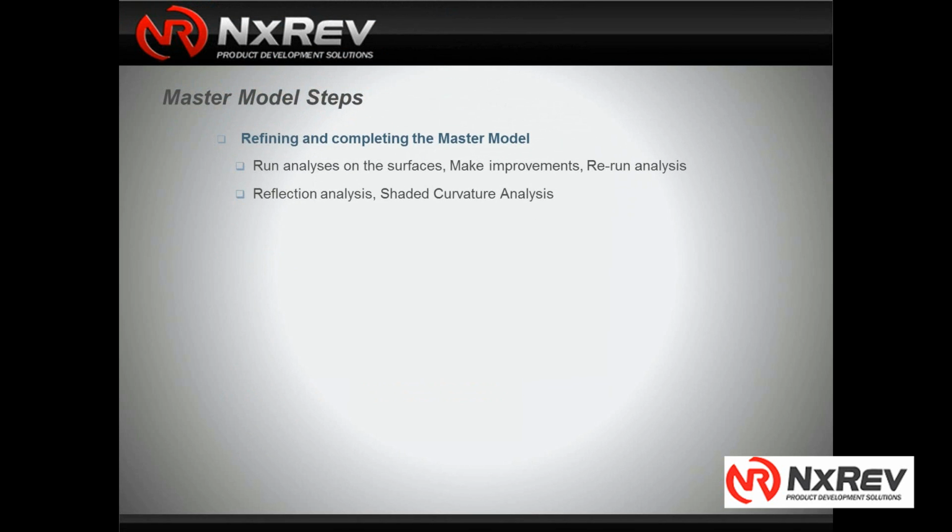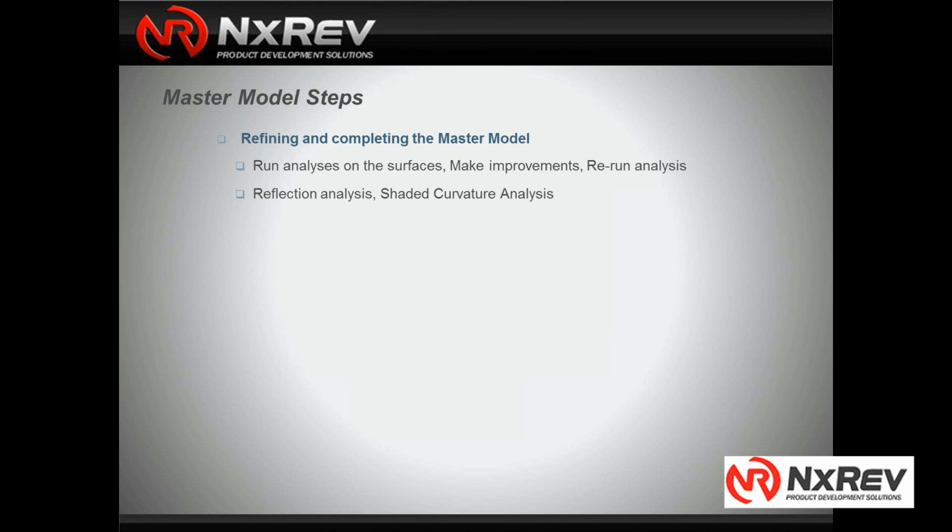Okay, then once you get some surfaces, basically all we've been doing at this point is working on the master model, because once we get the master, that's where a lot of the work is done. Your subcomponents are just kind of copies of the master model.